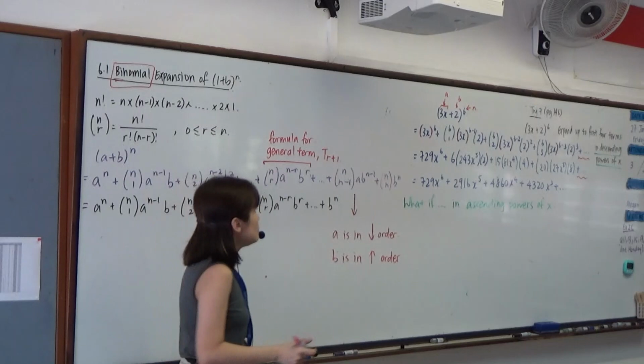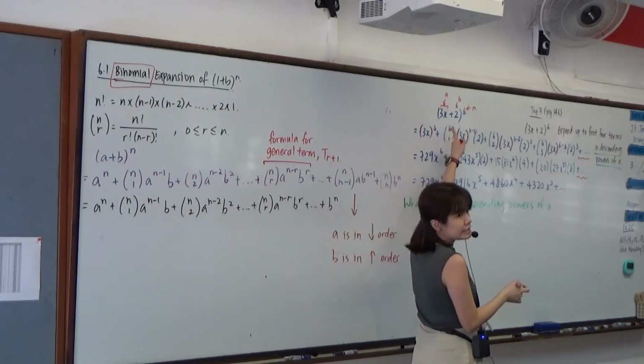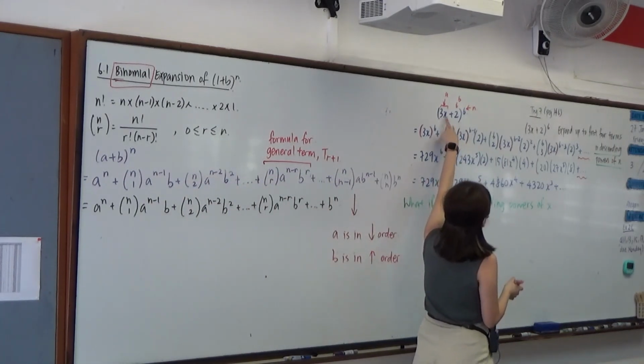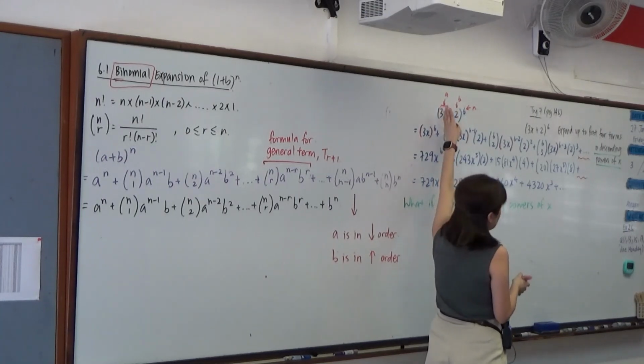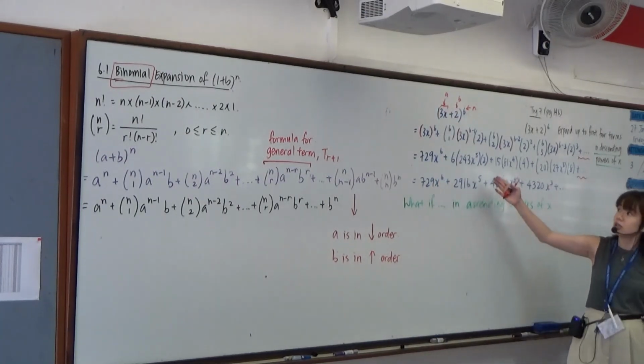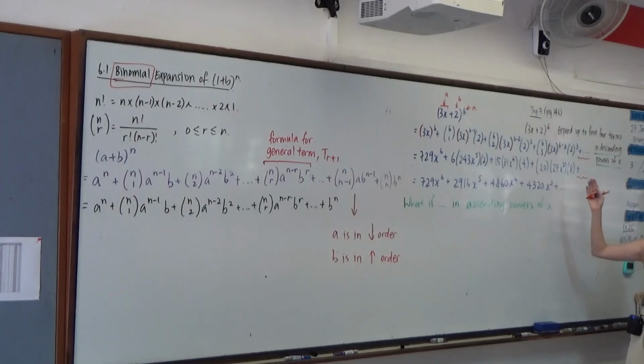So when I was expanding this one, because my x is on the A side, the expansion would naturally be such that x is in descending order.